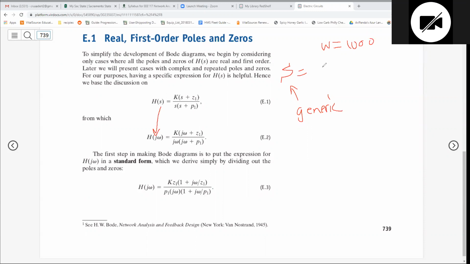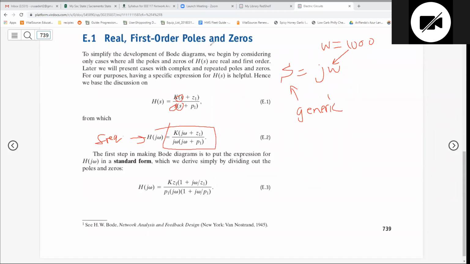You need to replace every S with a JW and then put 1,000 in there and start getting hard numbers, okay? So S is the generic mathematical part, where JW is more of this frequency-based function, which is what we want as electrical engineers, okay? So every S gets replaced by a JW, like so, right?